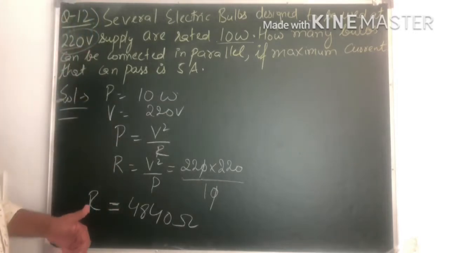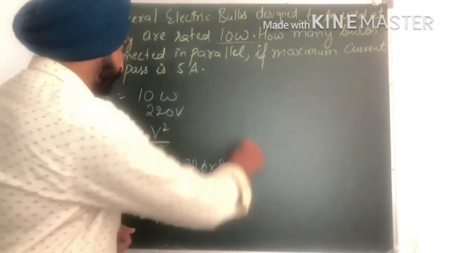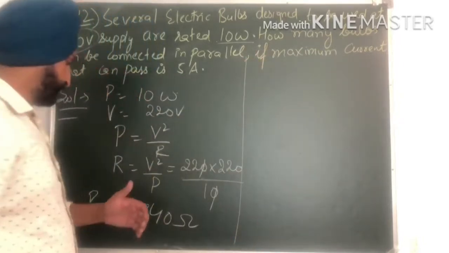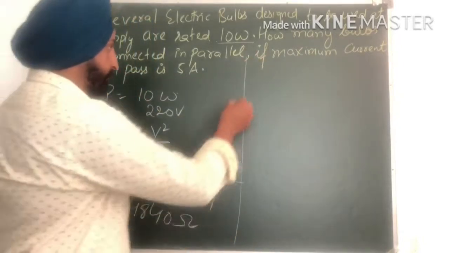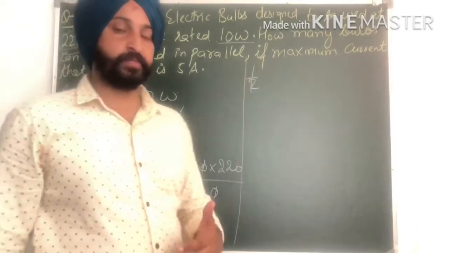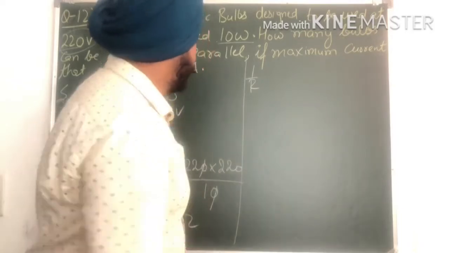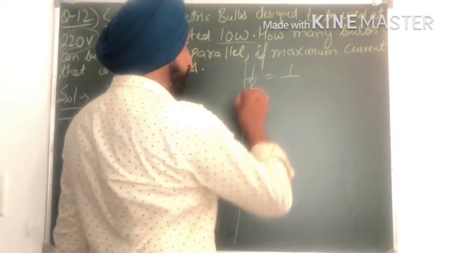Now we want to calculate how many such bulbs we can connect in parallel. We have already done this in a previous question. Let us suppose that we are connecting n bulbs in parallel.